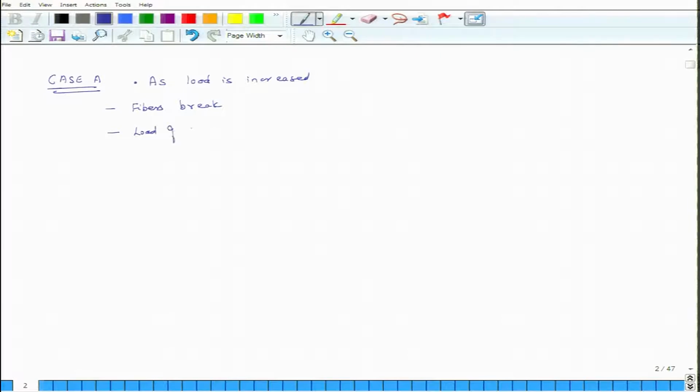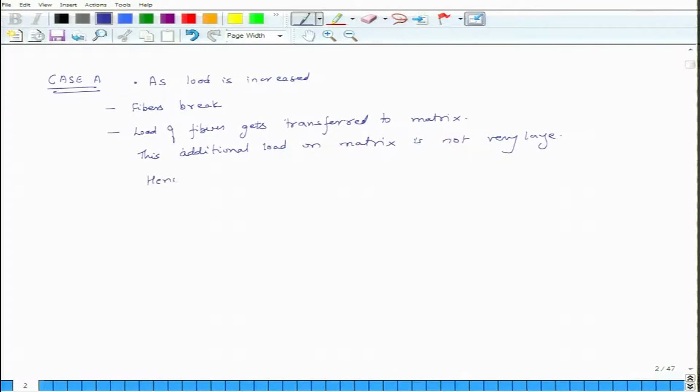The load of fibers gets transferred to the matrix. This additional load on the matrix is not very large. Hence, the matrix can handle the extra load.